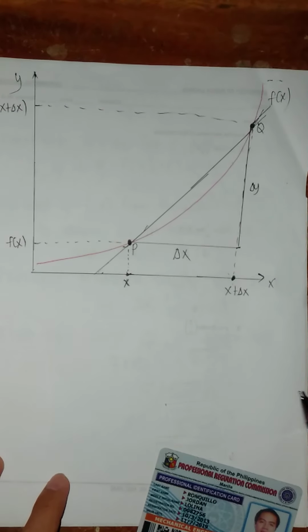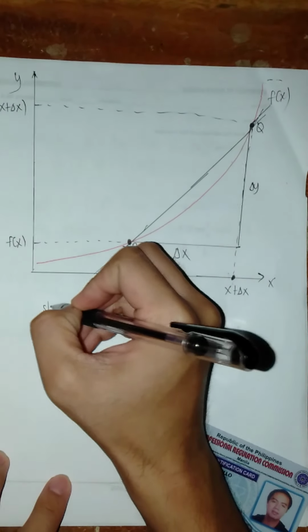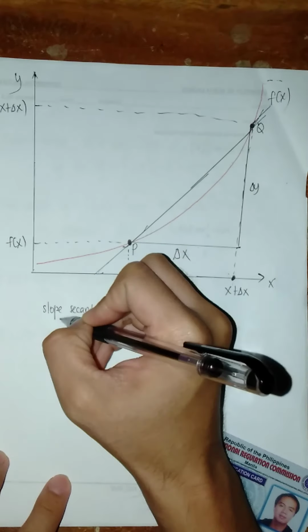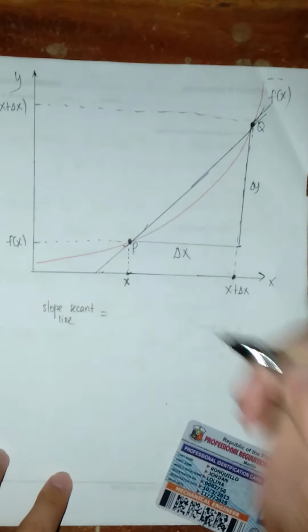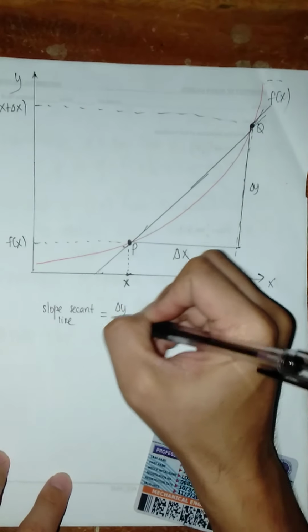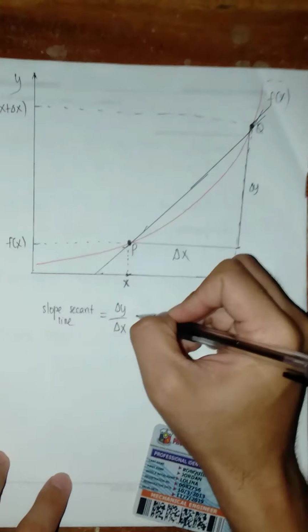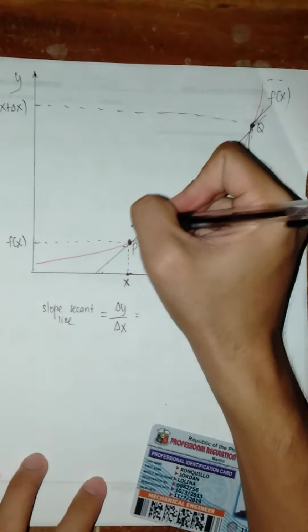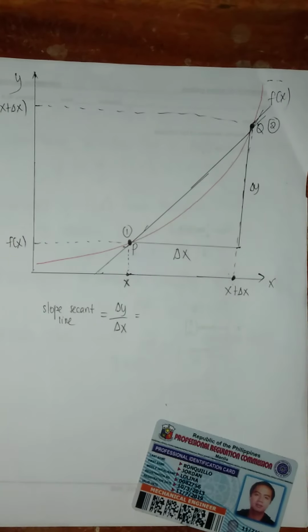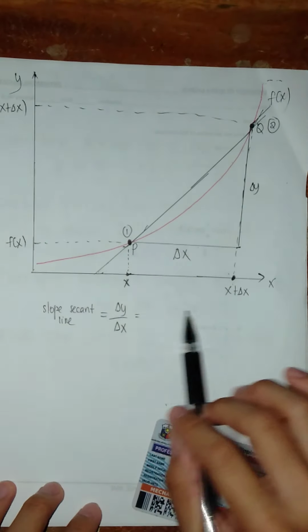So, how do you find now? So, by applying the slope of the secant line is equals to, delta y over delta x, diba? Delta y, which is, let's say, point 1 to point 2. Delta y is y of 2 minus y of 1.